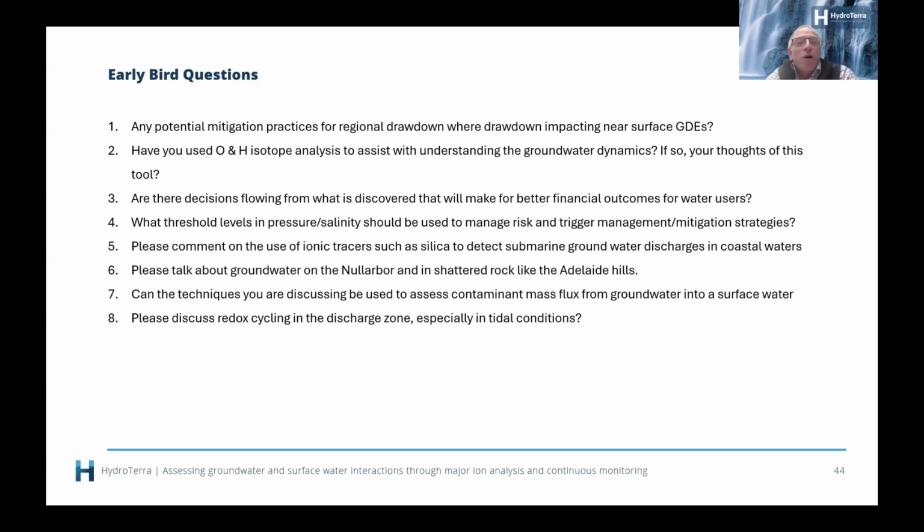Question number 4. What threshold levels in pressure and salinity should be used to manage risk and trigger management mitigation strategies? Yeah.